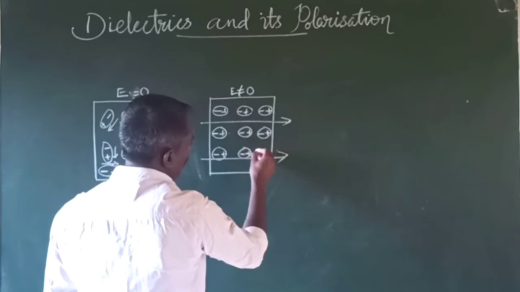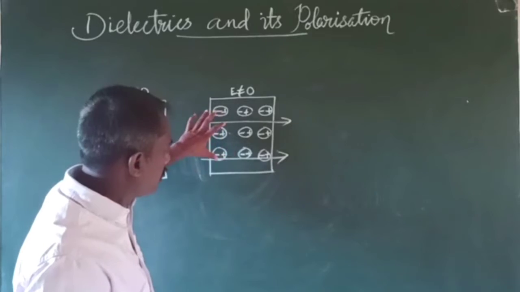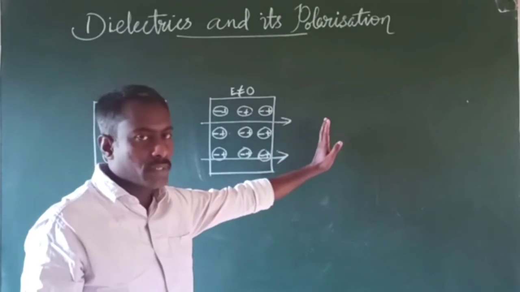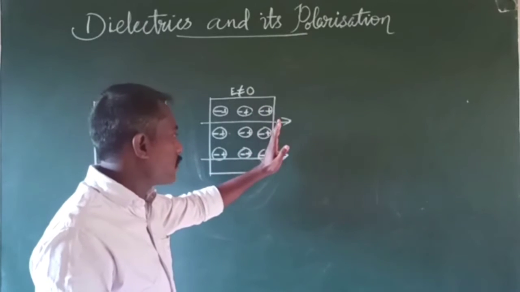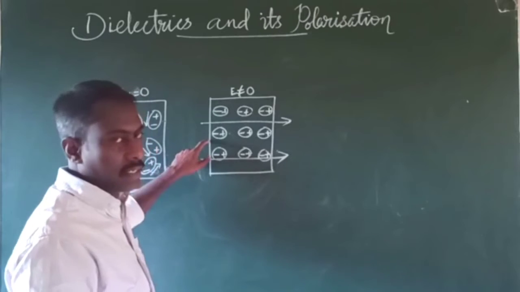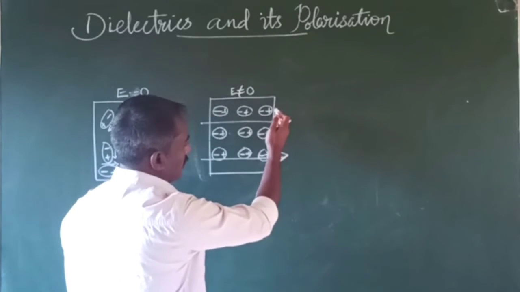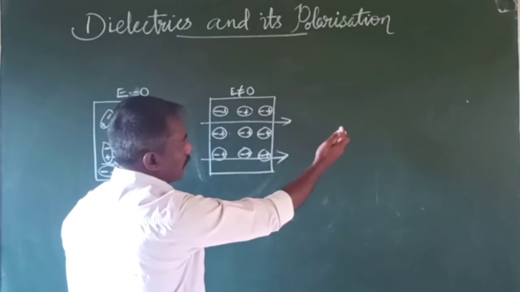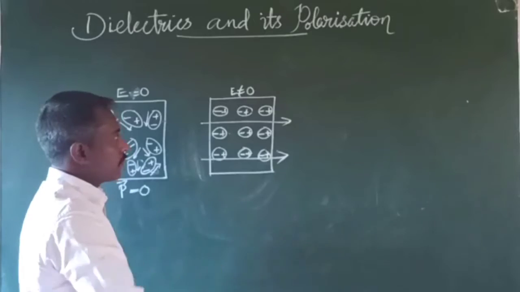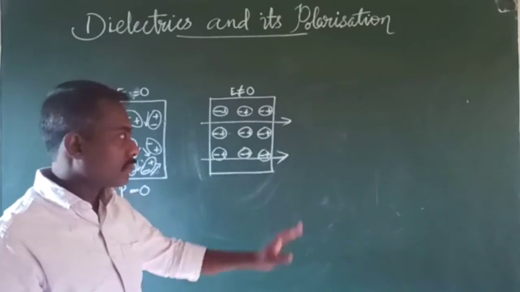A force will act on the positive charges in the same direction as the electric field, and a force will act on the negative charges in the direction opposite to the electric field. So the positive charges arrange themselves in the direction of the electric field and the negative charges opposite to it. So we say that this dielectric gets polarized.